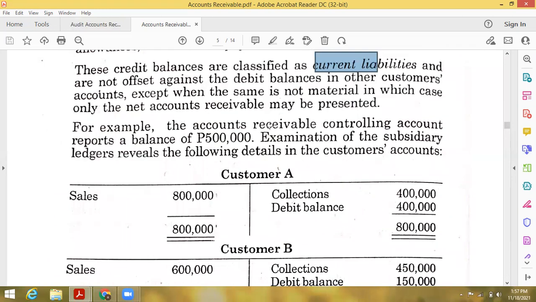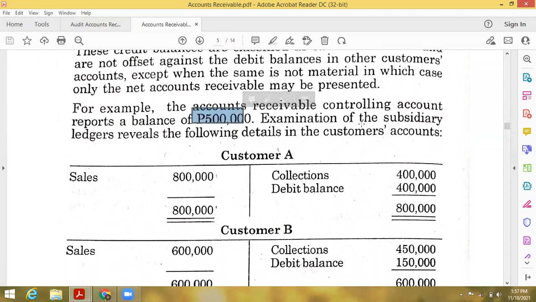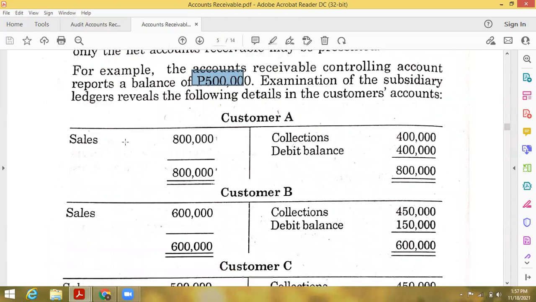Here it says the accounts receivable controlling account reported a balance of 500. Examination of the subsidiary reveals the following data for customers.